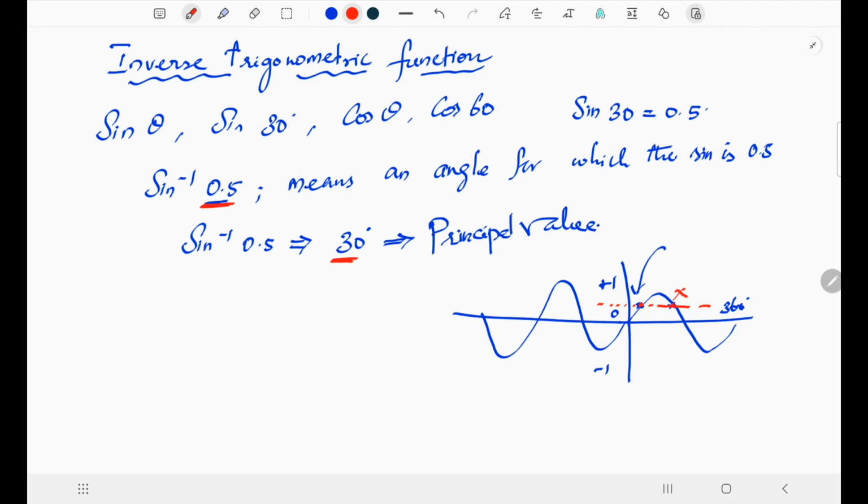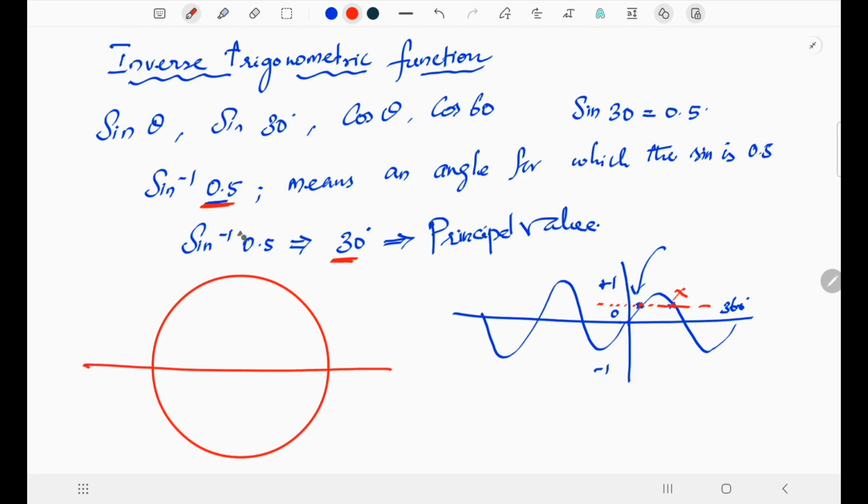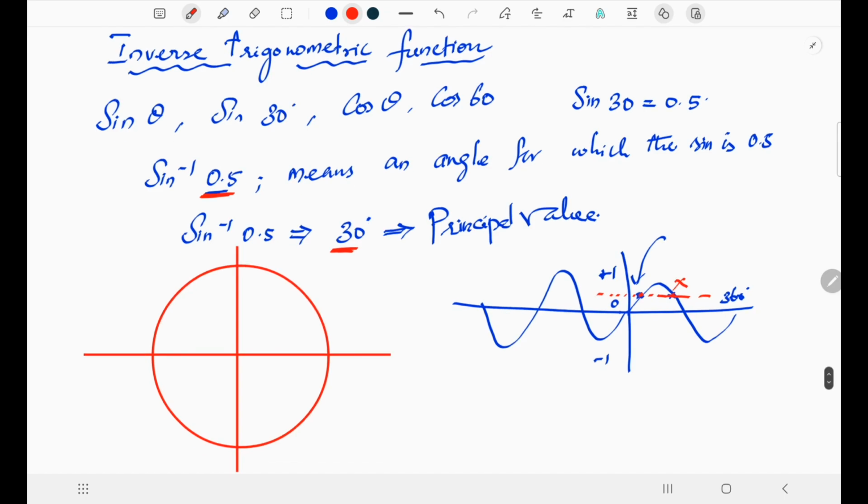Okay, already we have seen in which quadrant sine will be positive and in which quadrant it will be negative. For example, if I draw a circle and a straight line, this is the first quadrant, this is the second quadrant, this is the third quadrant, this is the fourth quadrant, right?